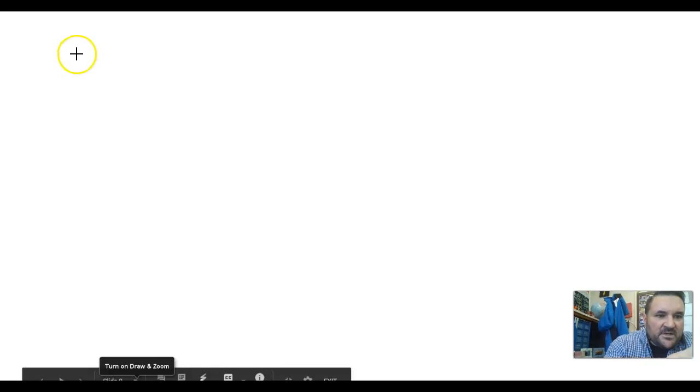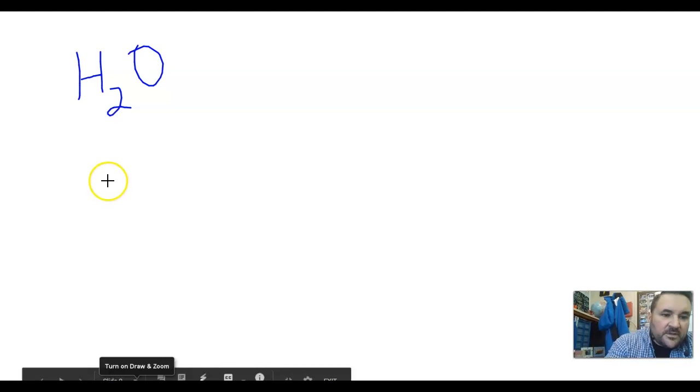So if we talk about a couple really common compounds, nothing more common than hydrogen and oxygen, right? Water. The oxygen is in the middle, and it shares a bond with hydrogen like this. There's technically 2 electrons there. And it shares another bond over here with this hydrogen.